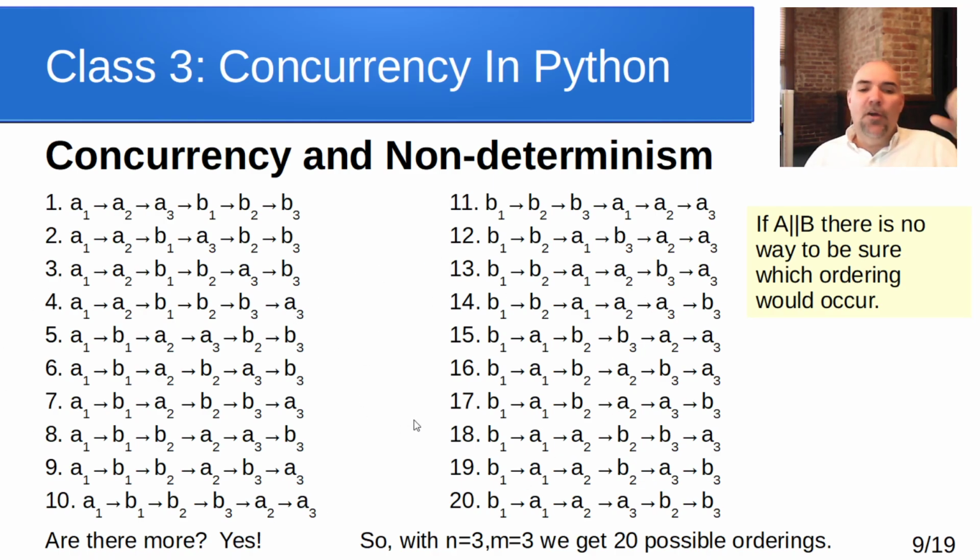So they're not all equally likely. If you had a concurrent solution for something, what are the odds we come up with this ordering down here? It's not really 1 in 20. It could be much less than that, because these ones might happen much more frequently than this one does.